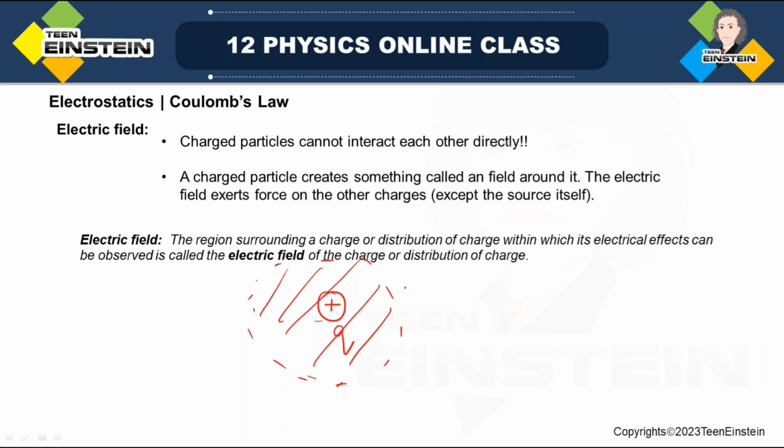And when I bring a charge inside anywhere, any place, it will exert a force. That force is actually the force we see between two particles. Okay. All right. So this is field. Now see, electric field is actually a vector quantity. We'll discuss it later also.